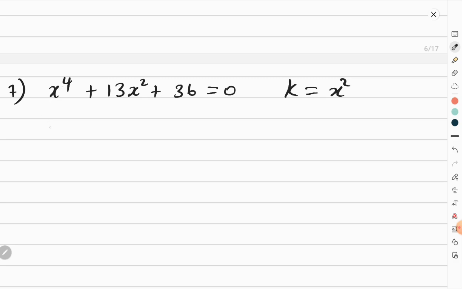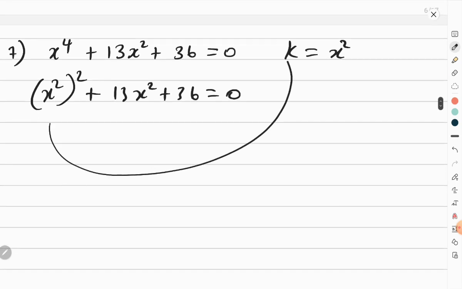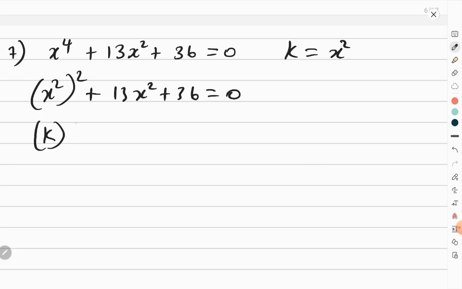Since this can be broken down, we have x to the power of 4 plus 13x squared plus 36 equal to 0. In the place of x squared, we put k, but this k is being squared. That takes us back to our basic quadratic equation.